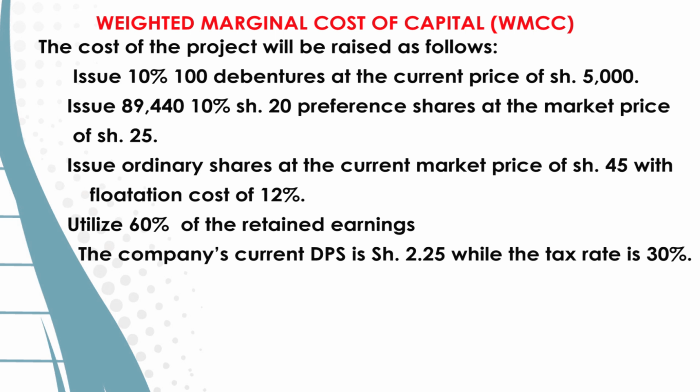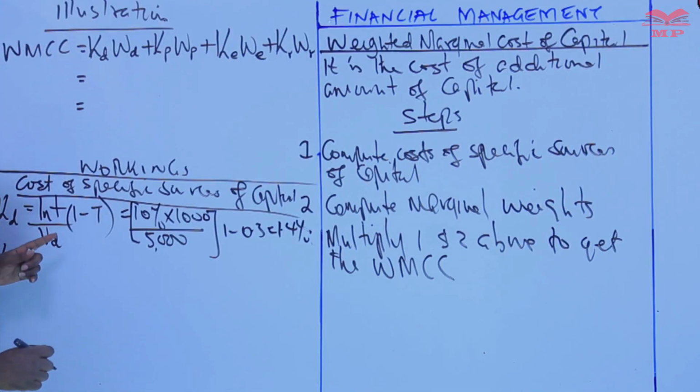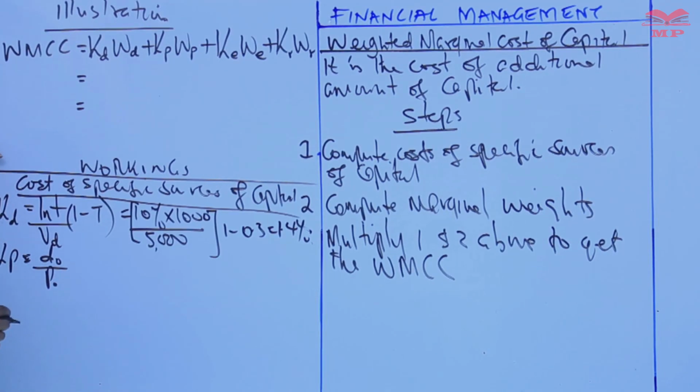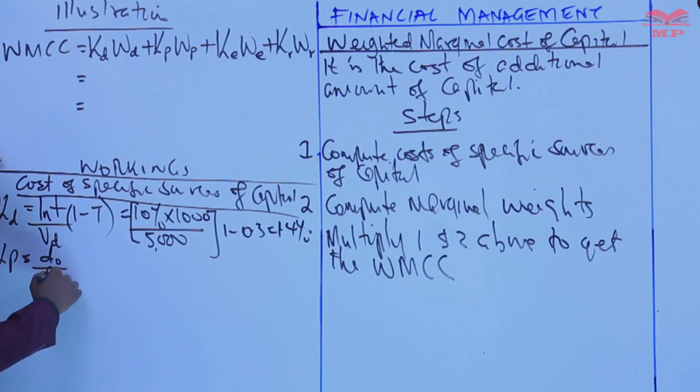So we know again the cost of preference shares will be D naught, the dividend per share, divided by the market value, P naught, market value of the preference share. If there is flotation cost, we deduct the flotation cost. But for preference shares, I don't see flotation cost there.